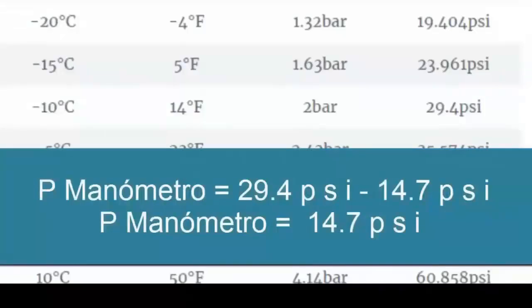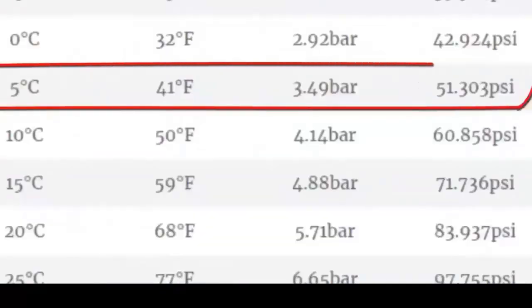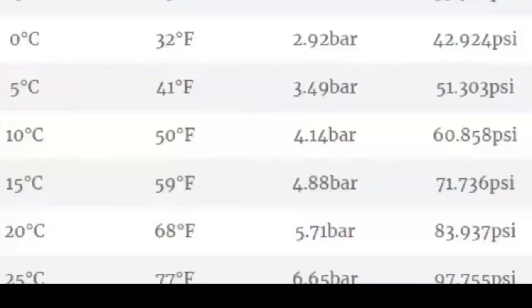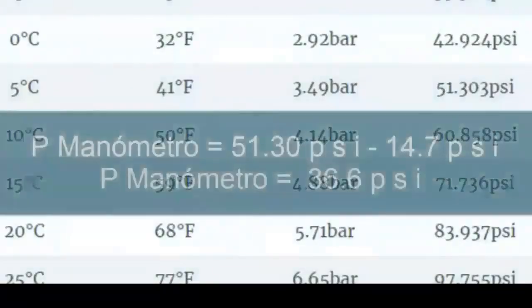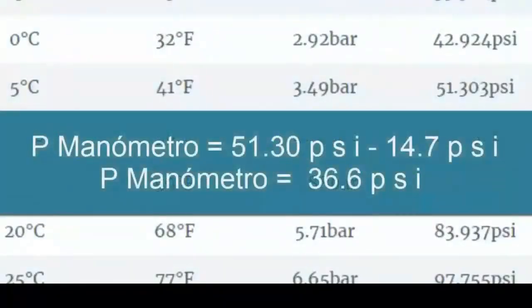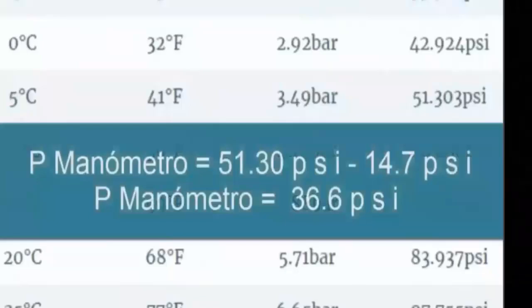In this case, you get 14.7 psi by subtracting the atmospheric pressure of 14.7 psi. Low pressure for preservation equipment at a temperature of 5 degrees Celsius. The table shows an absolute pressure of 51.303 psi. Gauge pressure, 36.6 psi.